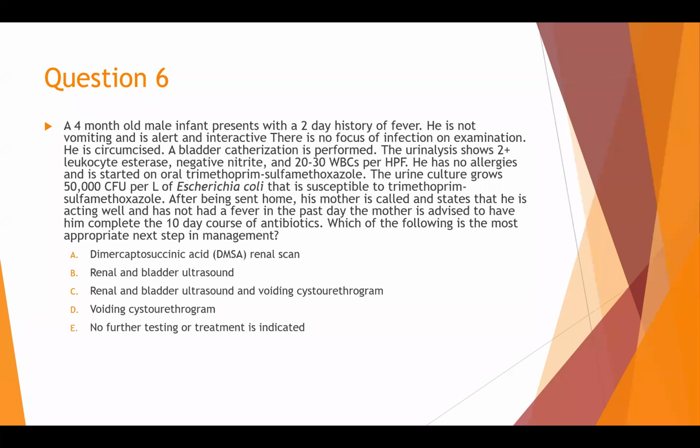No allergies, started on Bactrim. It grows 50,000 of E. coli susceptible to Bactrim. After being sent home, his mother's called and states that he is acting well, not had a fever in the past day. And then she is advised to have him complete the 10 days. So what is the most important next step in management?